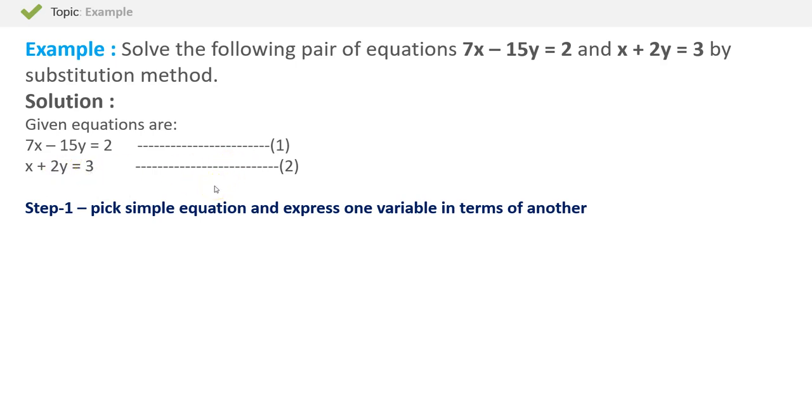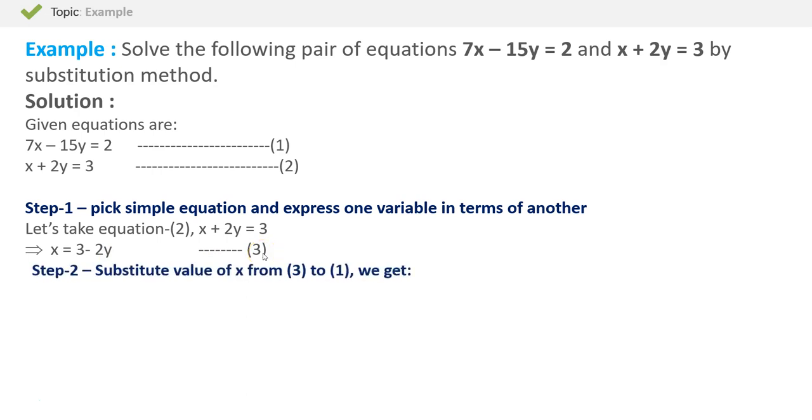And we'll try to represent one variable as another. So in this example, x plus 2y equal to 3. And if I take 2y to the right hand side, I'll get x equal to 3 minus 2y. And let's call this equation 3. Now, as part of step 2, I'm going to take the value of x from equation 3 and put this in equation 1.